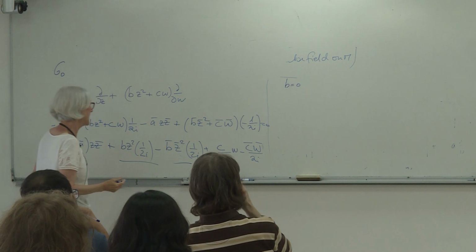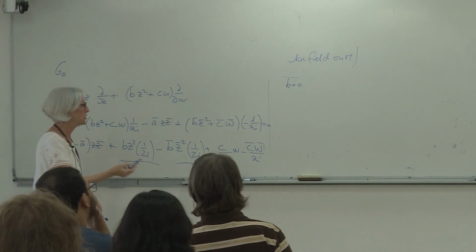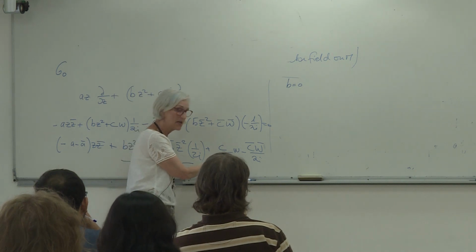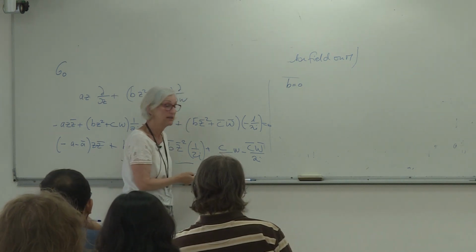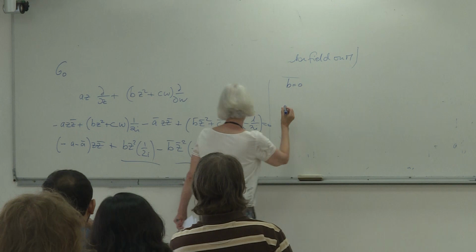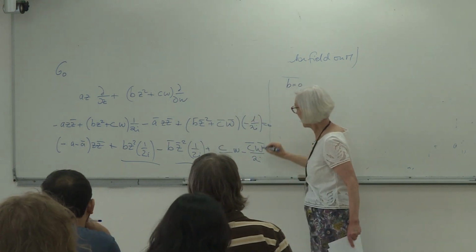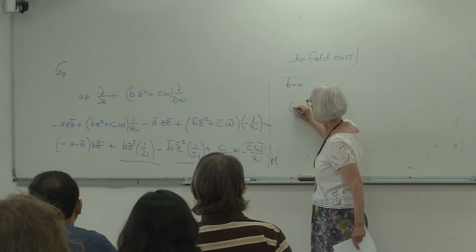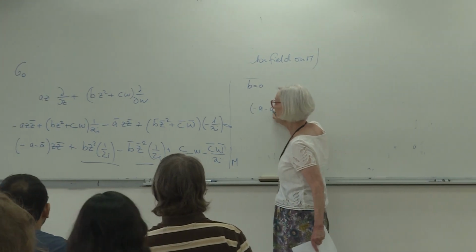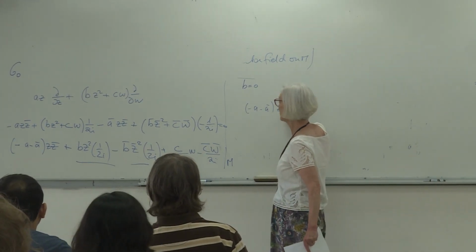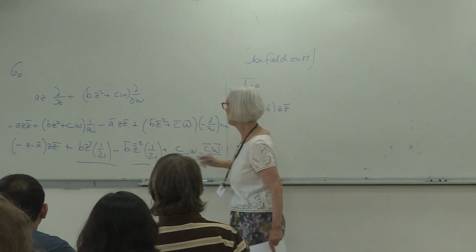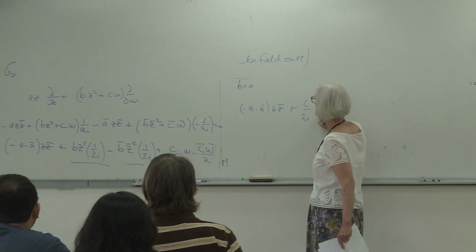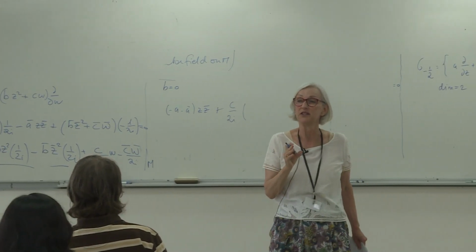And then you collect, be careful, where are we living? I should be careful, not you, but me. What is W on M? I have to restrict to M, right? So it's minus A bar Z Z bar, that's okay, plus C over 2i. What is W on M?